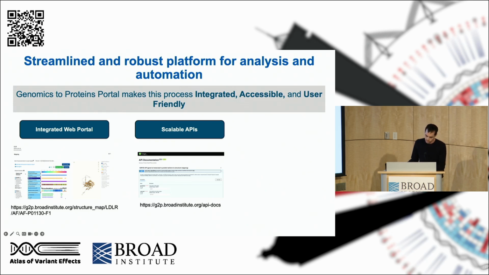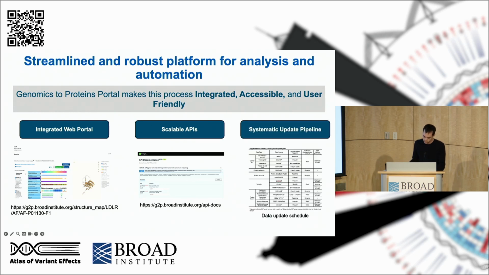So you can develop computational methods on top of the mappings that we've put together, and you could scale them across the entire human proteome. And we have a rigorous and routine update protocol, so the portal will stay up to date. We track and take care of frequent updates across all of the large databases, and we track a variety of different update schedules that they have.